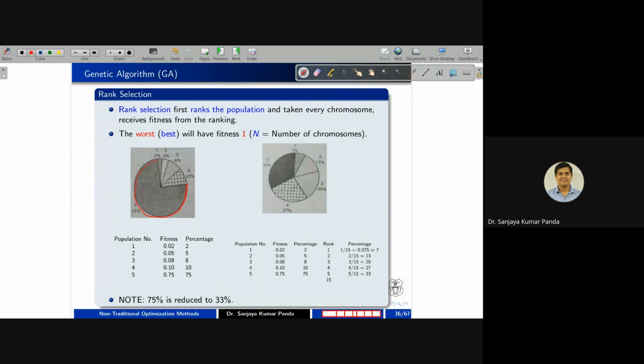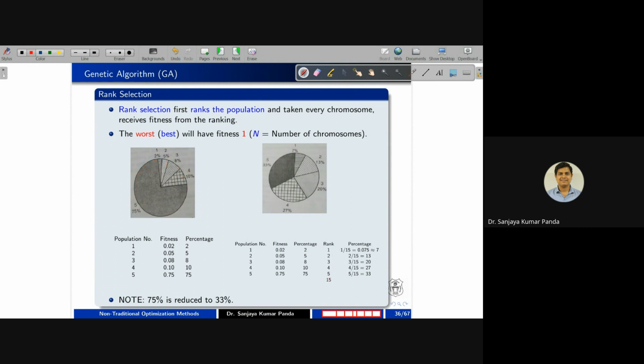The population having the most space, here the fifth population, is given rank 5. If there are 5 populations, then the highest area occupied by a particular population is given rank 5. Then rank 4 is allotted to the 4th population, the next most area is covered by the 3rd population, so we have given rank 3, like that rank 2 and rank 1, right?